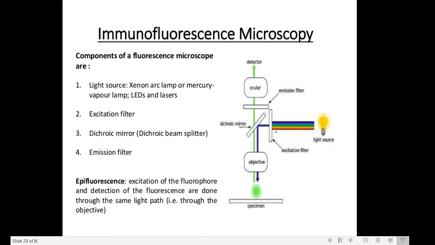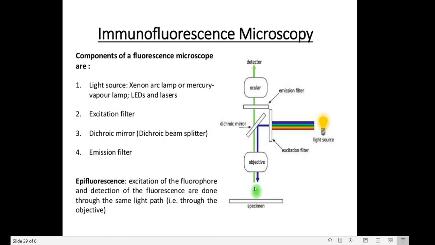Here they produce the light source. This light is deviated by the dichroic mirror. This mirror helps to pass the light onto the objective. When the specimen receives the light, it produces fluorescence. Otherwise it's not producing fluorescence.